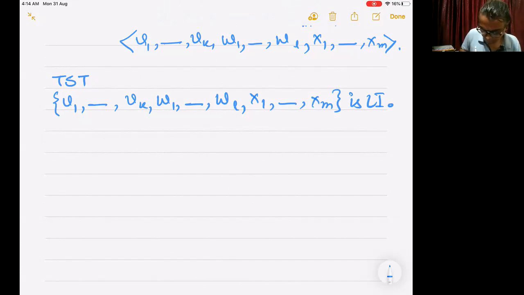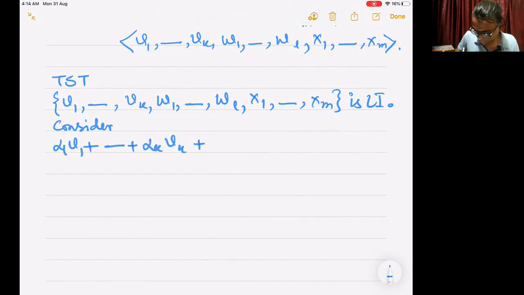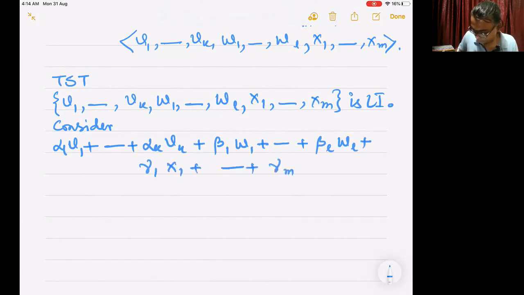Okay. So consider alpha 1 V1 plus dot dot dot alpha k Vk plus beta 1 W1 plus dot dot dot beta L WL plus gamma 1 x1 plus dot dot dot up to gamma m xm, and that is equal to 0.